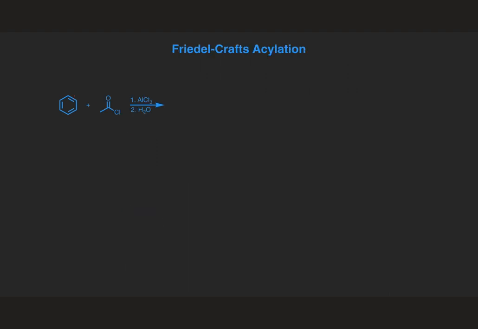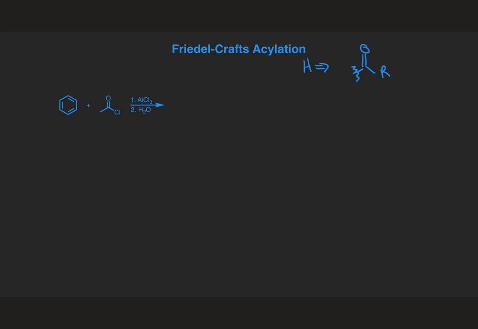In Friedel-Crafts acylation, we are going to replace a hydrogen with an acyl group, which is a ketone with some carbon chain that I'm going to abbreviate as R here. In this case, R is this methyl group here. Friedel-Crafts acylation involves an acid chloride, which is a functional group that we have not seen yet.